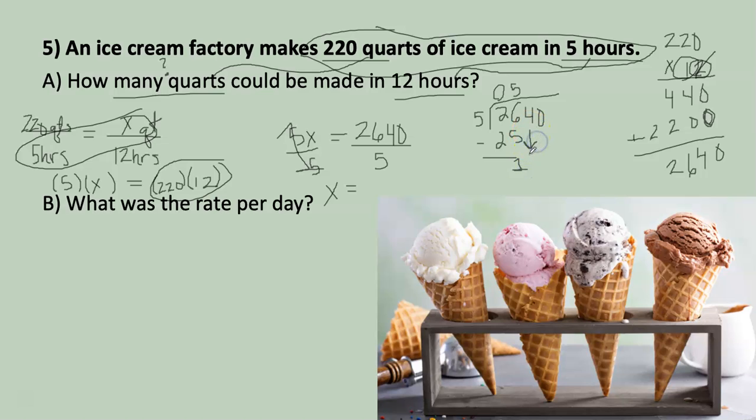You can't ask yourself the question until you bring a number down. Now I can ask, how many times does 5 go into 14? That'd be 2 times, because 5 times 2 is 10.